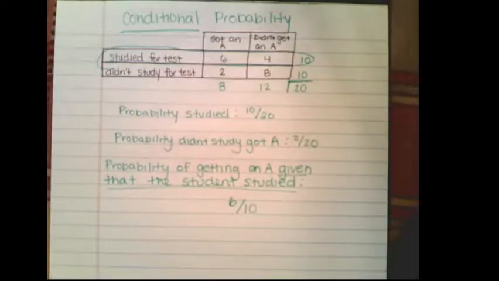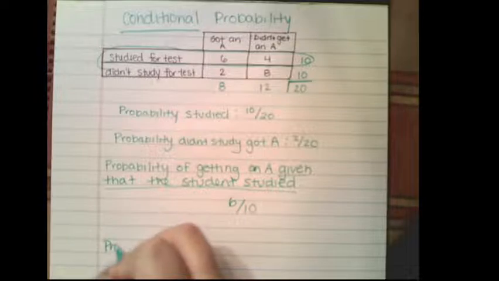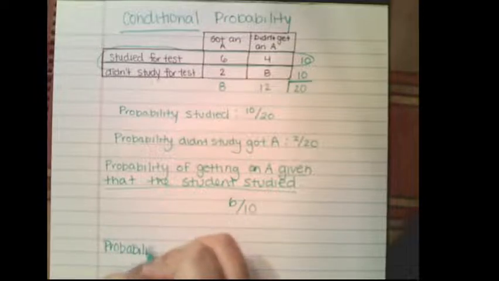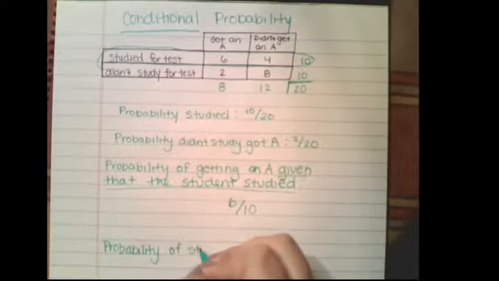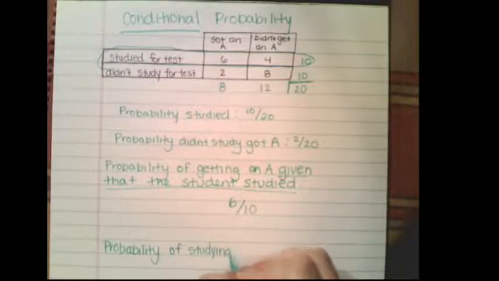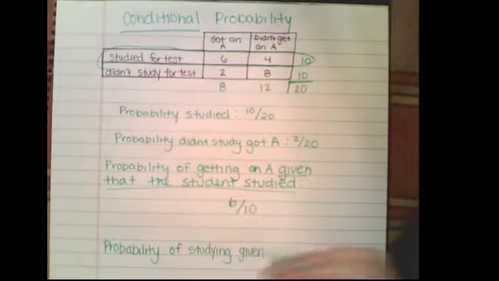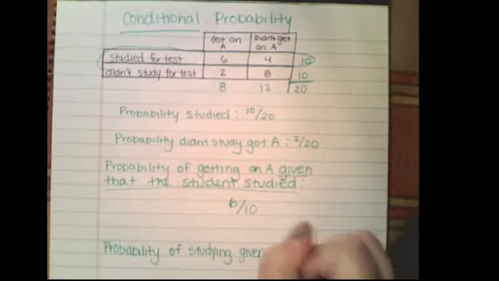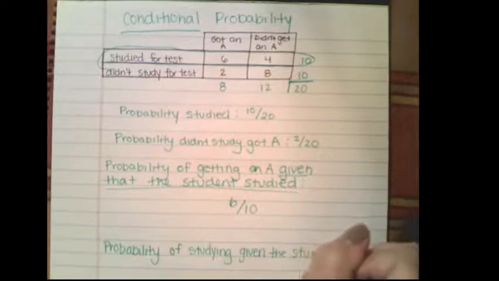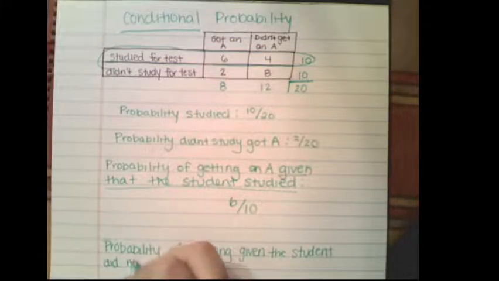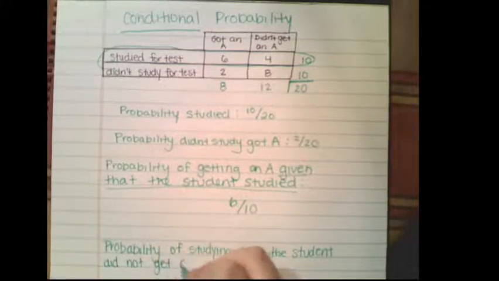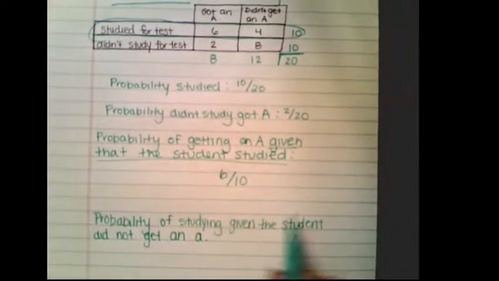I could also ask the probability of studying given the student did not get an A. So the given part is always going to be our denominator.